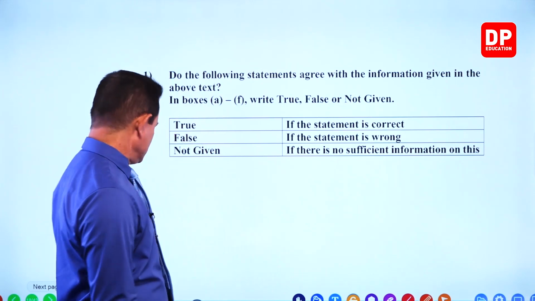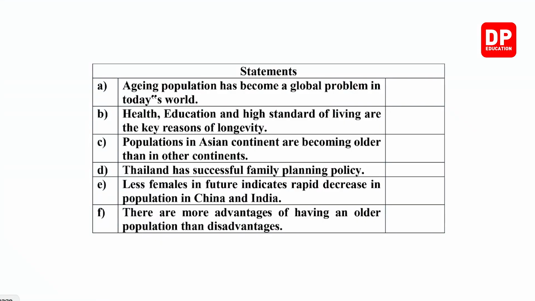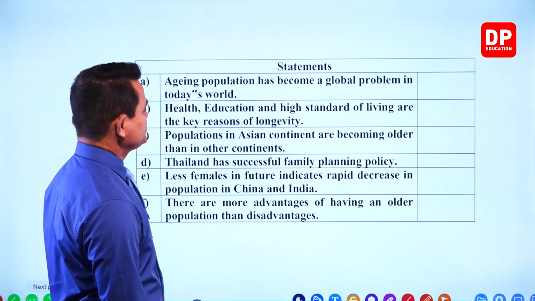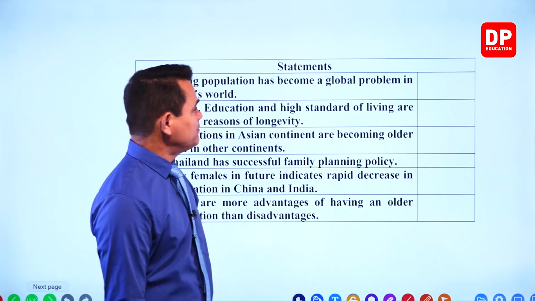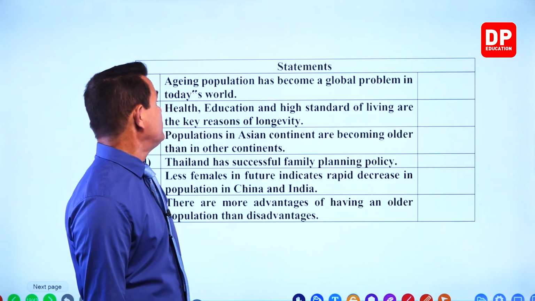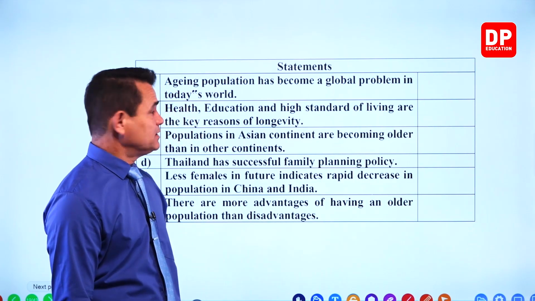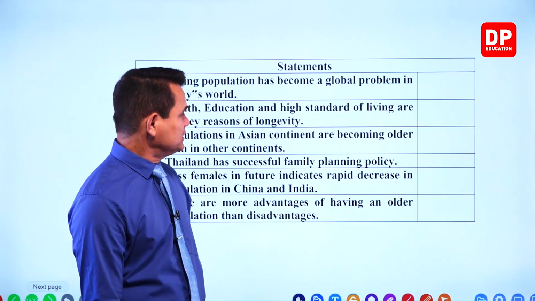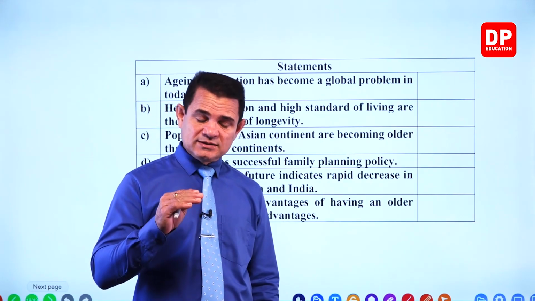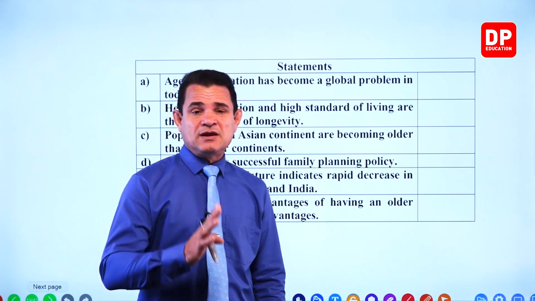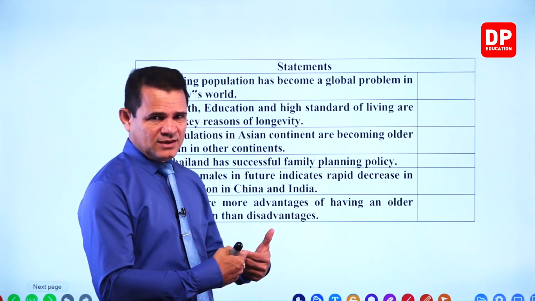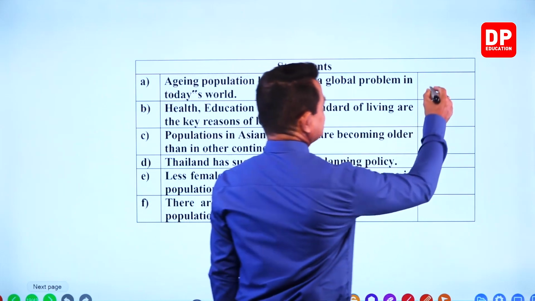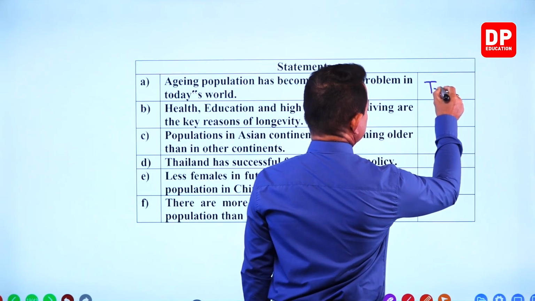Now let's see the questions we have. Number 1: Aging population has become a global problem in today's world. True.